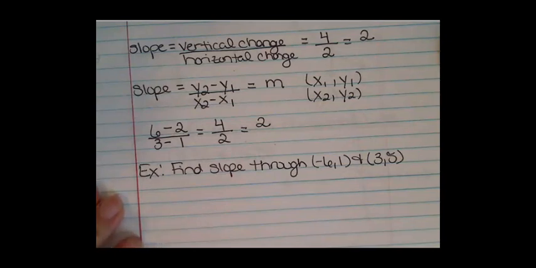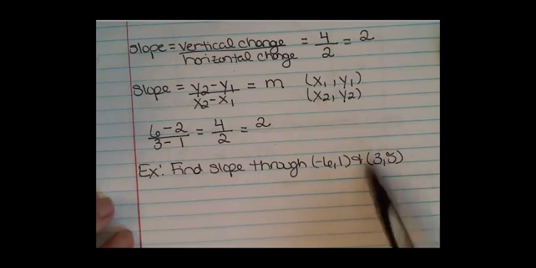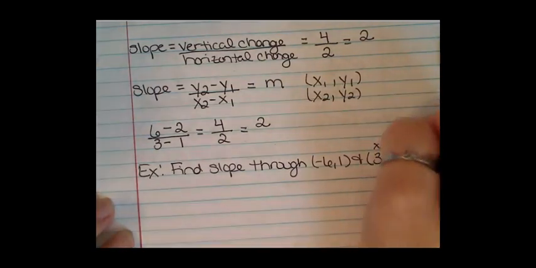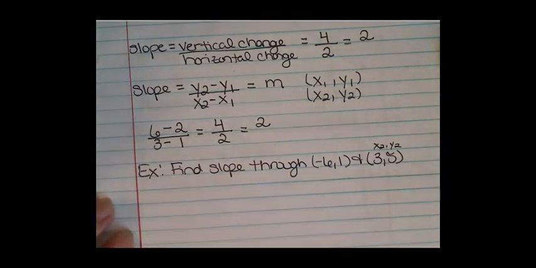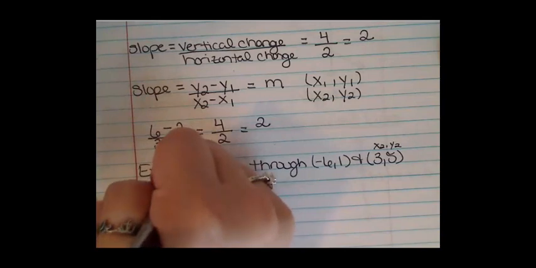Okay, it does not matter which one of these you designate as your x1 and your y1. It really doesn't. So I'm going to try and keep it positive, and let's just use this one as our x2, y2 because the 5 is bigger. So our slope, m equals y2 minus y1 over x2 minus x1.